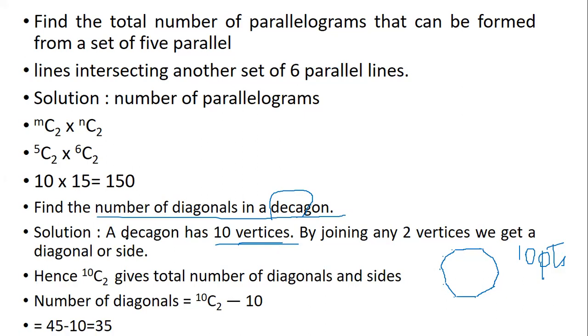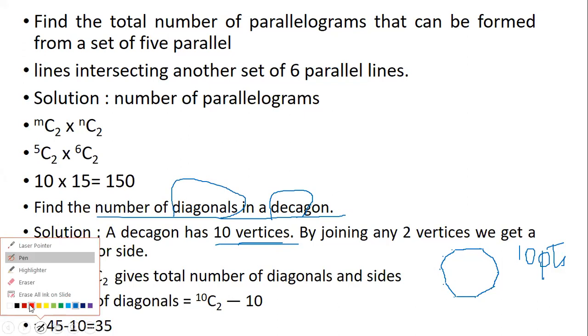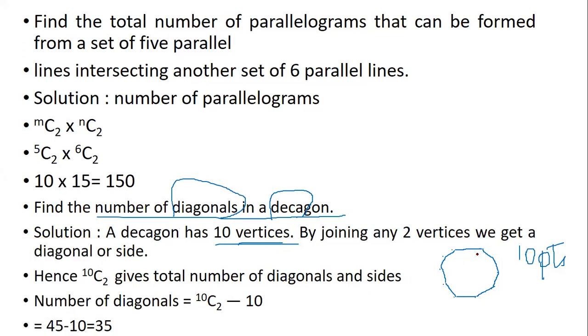But here they're asking us how many diagonals will be there. Now diagonals means they are something like this. Let me choose a different color. If I join a point here and here on the opposite side, this will be called a diagonal.